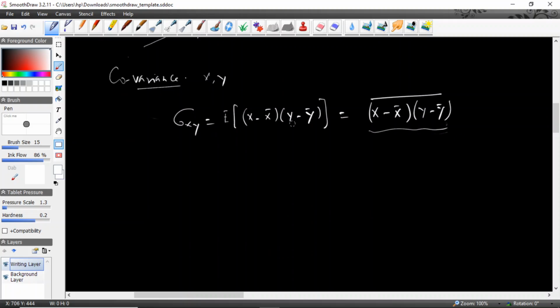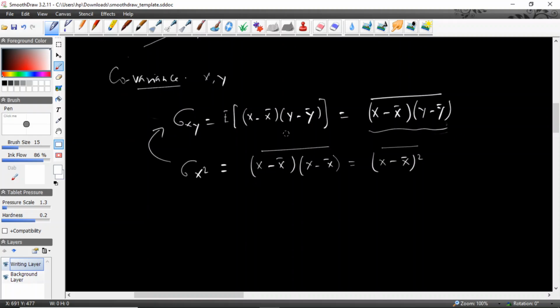If you take x and x both times, you get sigma x square, which will be equal to the expected value of x minus x bar into x minus x bar, and that is nothing but the average value of x minus x bar square. This is what we already know, it is called the variance of the random variable x. Okay, and this is what we define as the covariance.